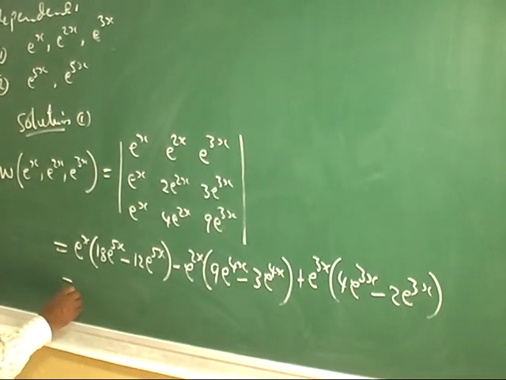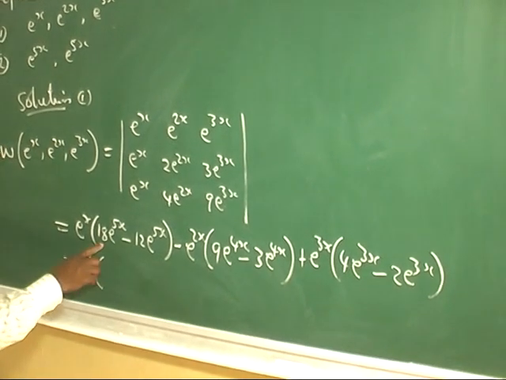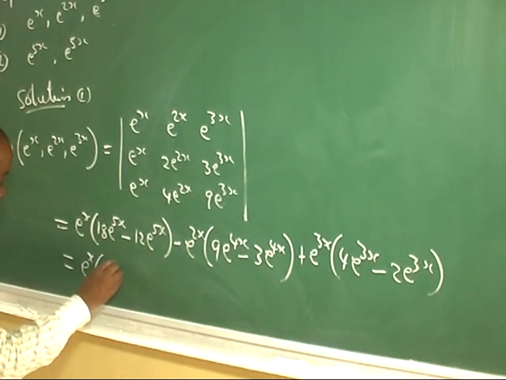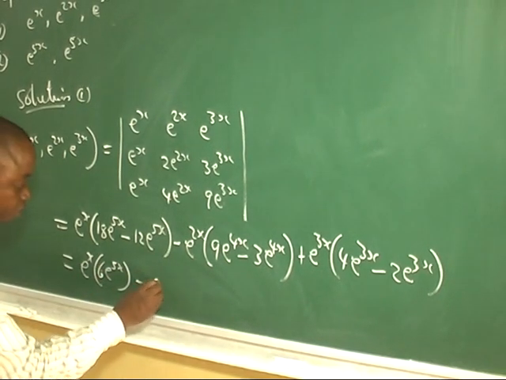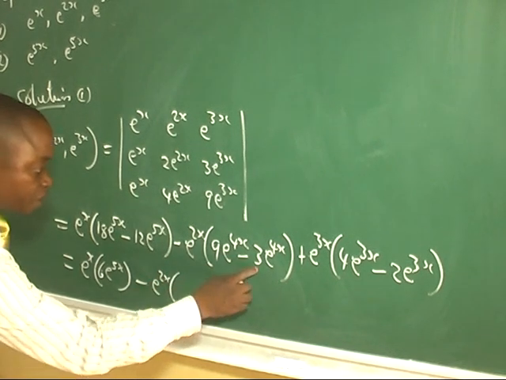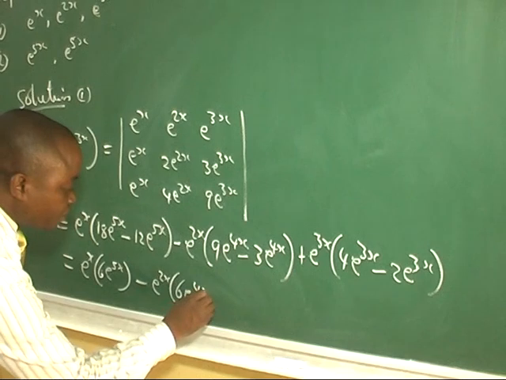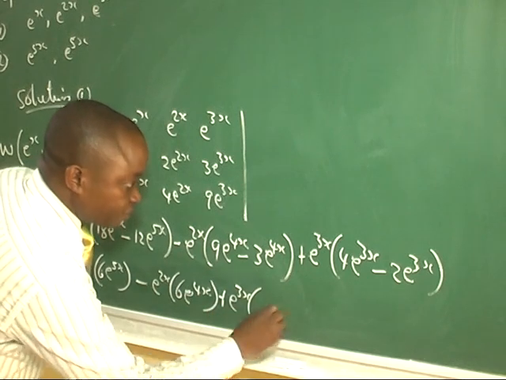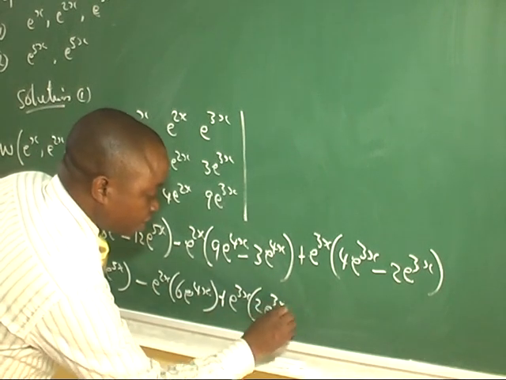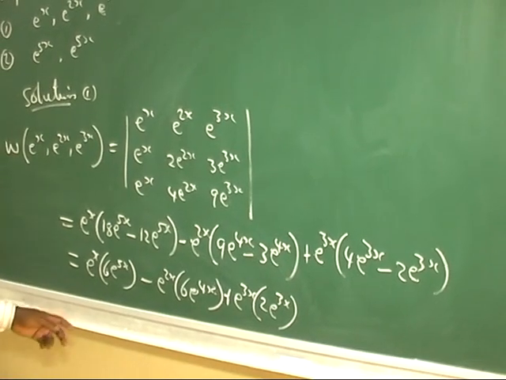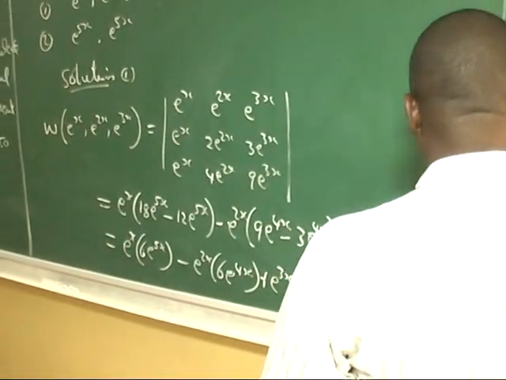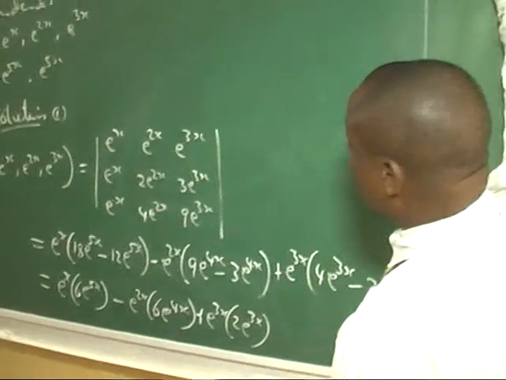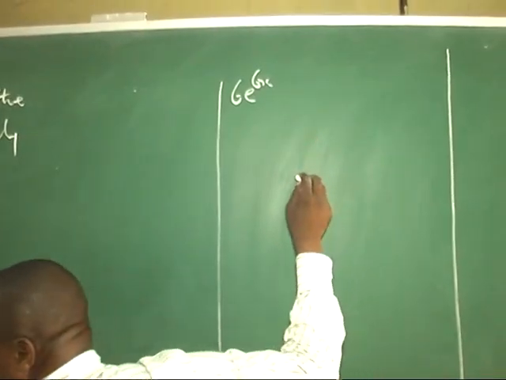So this will be equal to exponential x. Now this minus this is 6 exponential 5x minus exponential 2x. This minus this is 6 exponential 4x plus exponential 3x. This minus this is 2 exponential 3x. So we see that this can give us 6 exponential 6x, that is multiplying this.